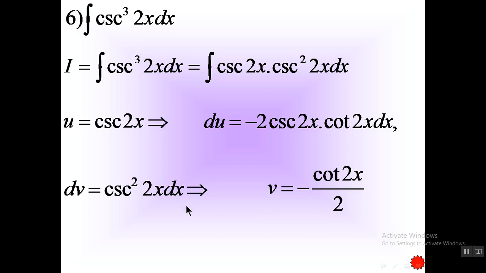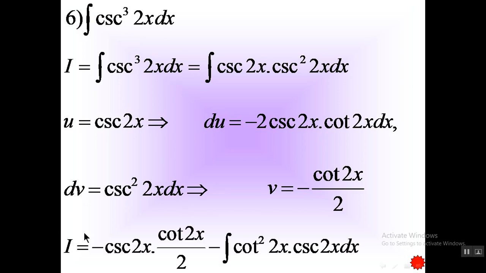Now if we apply the by parts formula, we get I equals u times v, which is cosecant 2x multiplied by negative cotangent 2x over 2, minus the integral of v du, which is cotangent 2x over 2 multiplied by cosecant square 2x.